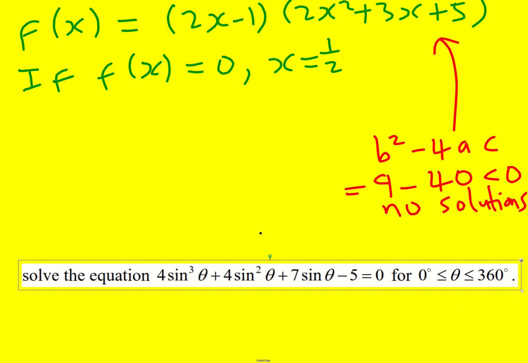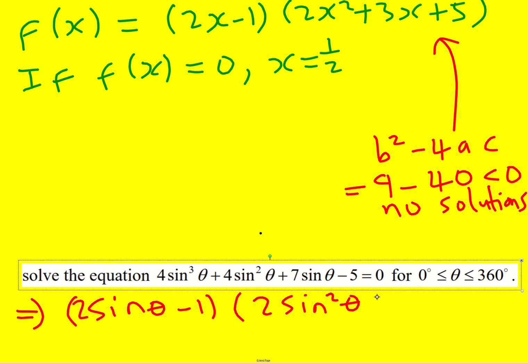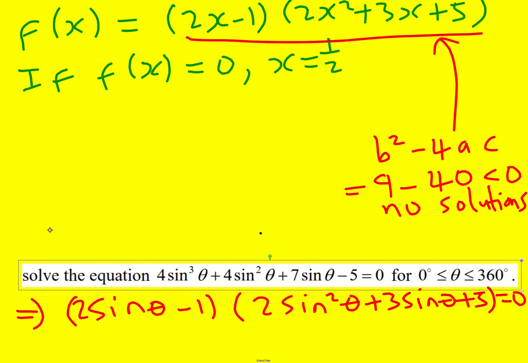So I can say this implies that 2 sine theta minus 1 times 2 sine squared theta plus 3 sine theta plus 5 equals 0. All I've done is replaced all my x's by sine theta. This is my substitution.